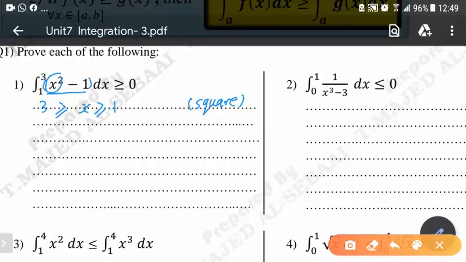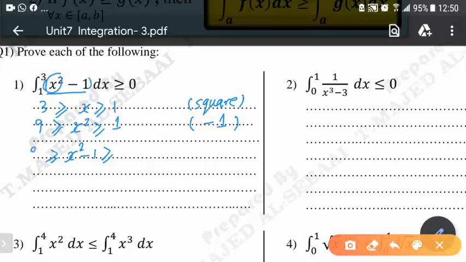When I square 3, it's going to be 9, less than or equal to x squared, more than or equal to 1 squared, which is 1. Right? Now I will subtract 1 from all the sides.